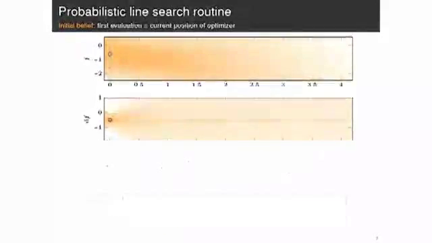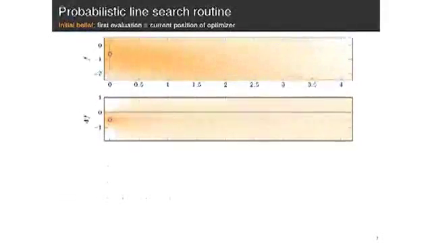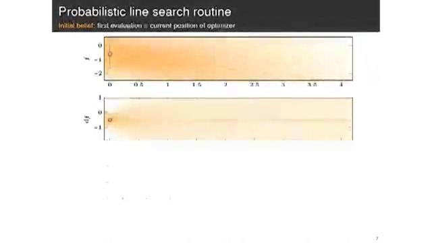All right, so with this machinery at hand, we can now look again at the typical workflow, this time of a probabilistic line search. It also starts with an initial function and gradient evaluation at the current position of the optimizer. The top plot shows the marginal belief over function values, and the bottom plot marginal beliefs over gradients. And again, the initial evaluation is already plotted.